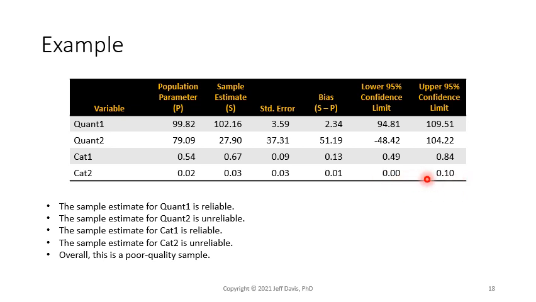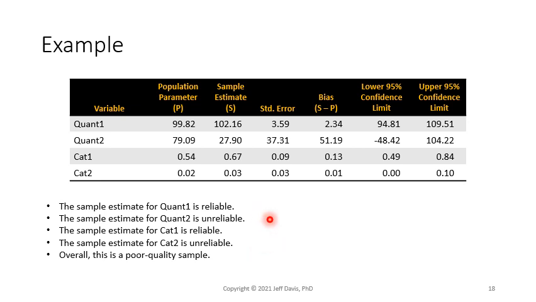That's a fairly large interval. It does contain the population parameter, 0.02, but this is still going to generate some uncertainty. So we would conclude that the sample estimate for Cat2 is unreliable, based on those criteria.